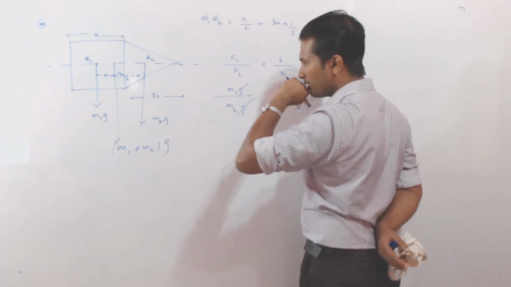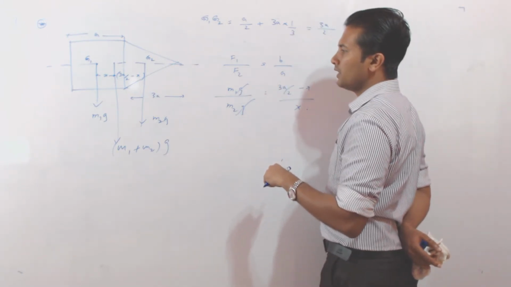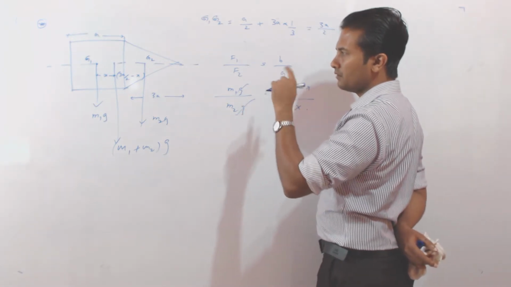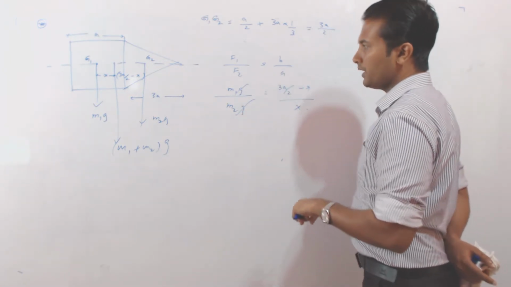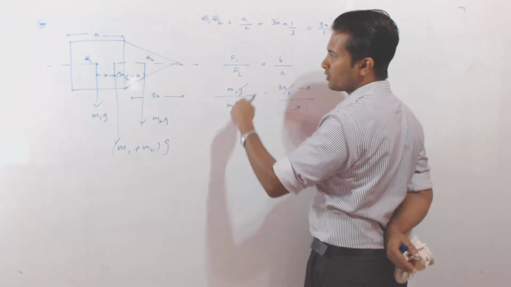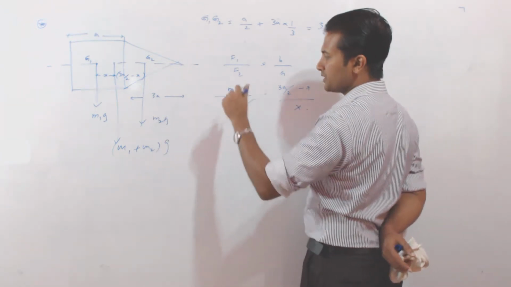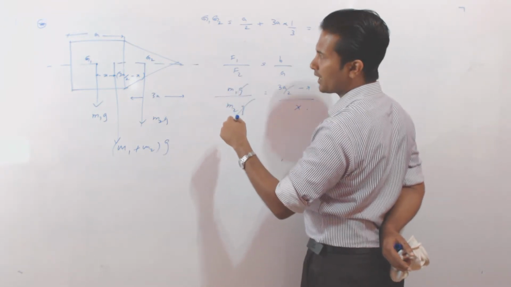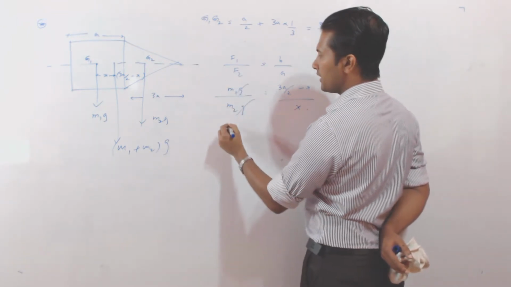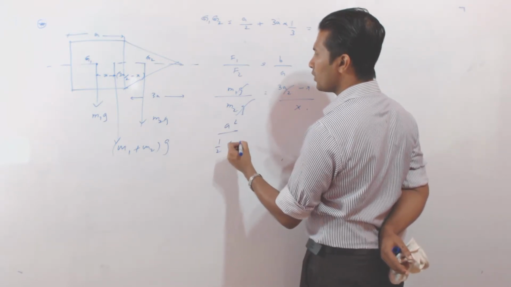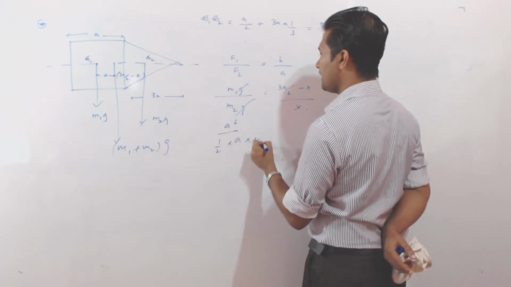When finding m1 and m2, take the area. What is the reason? The area of the sheet is directly proportional to the mass. So the area of the square type sheet is a square, and for m2 it is half into base into height. Base is a, height is 3a.